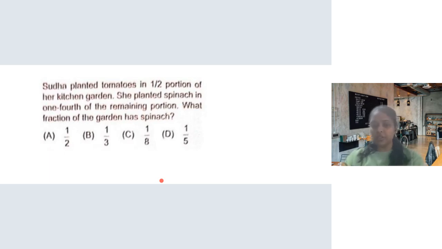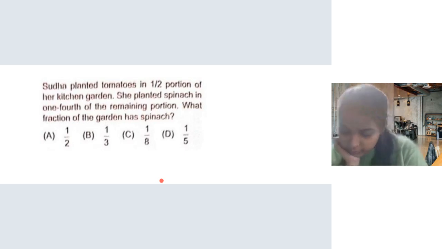The answer is not 1 upon 4. Okay, tell me why the answer should be 1 upon 4. Ma'am, if in her kitchen garden, 1 upon 2 is half her garden, so half a garden is planted with tomatoes, and 1/4 of the remaining portion, which is supposed to be a quarter of the garden, is planted with spinach, and a quarter is 1 upon 4.